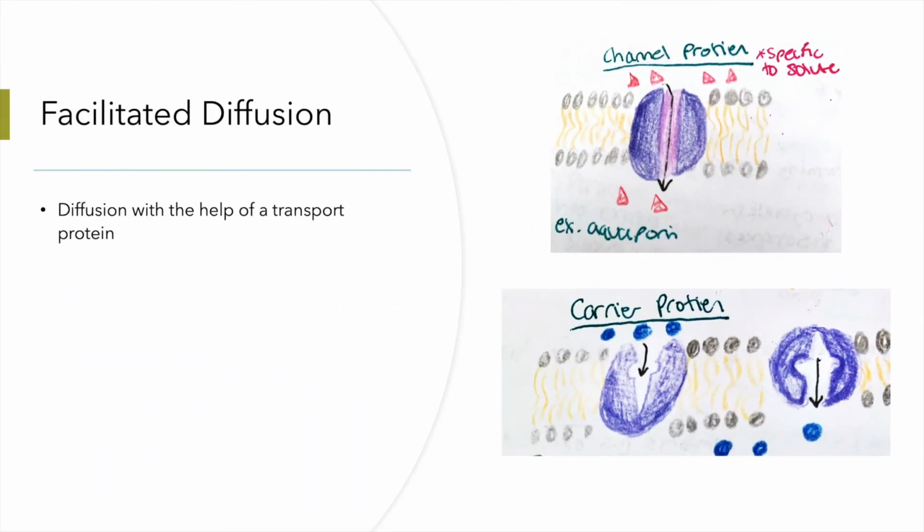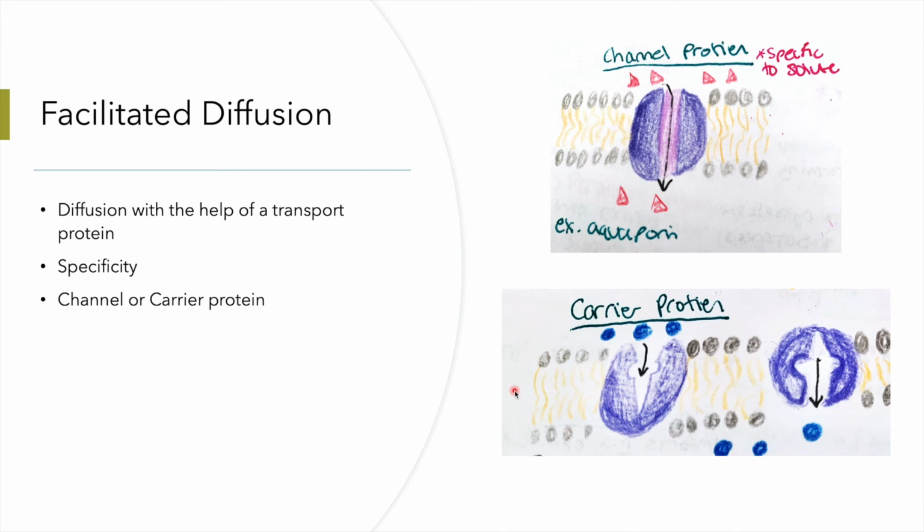Facilitated diffusion is the diffusion of substances across a membrane with the help of a transport protein, which is a specific type of integral protein. Transport proteins are specific to what solute can bind to them. It can be either a channel protein or a carrier protein.